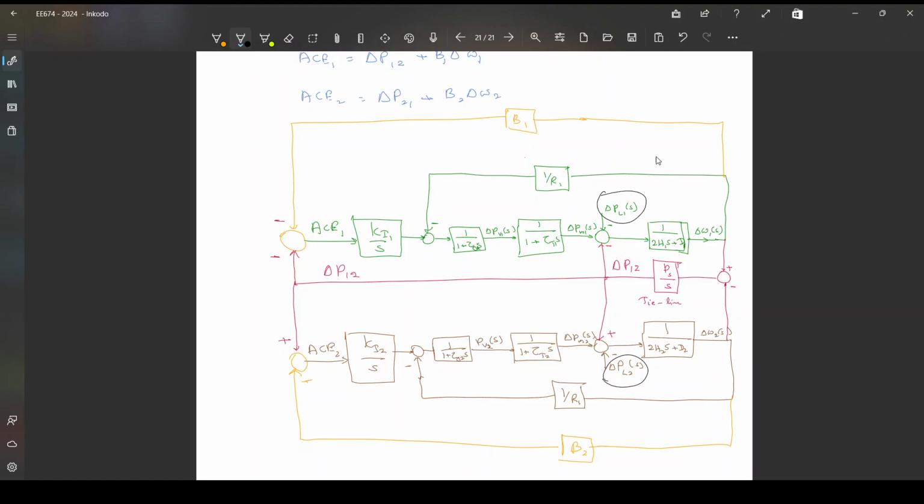You can also change the loads in different manners, like a stepwise change or slow change, and see how the system will react. So you can do many experiments with this and get an idea how the two area system will behave with automatic generation control and the tie line bias control implemented, right?